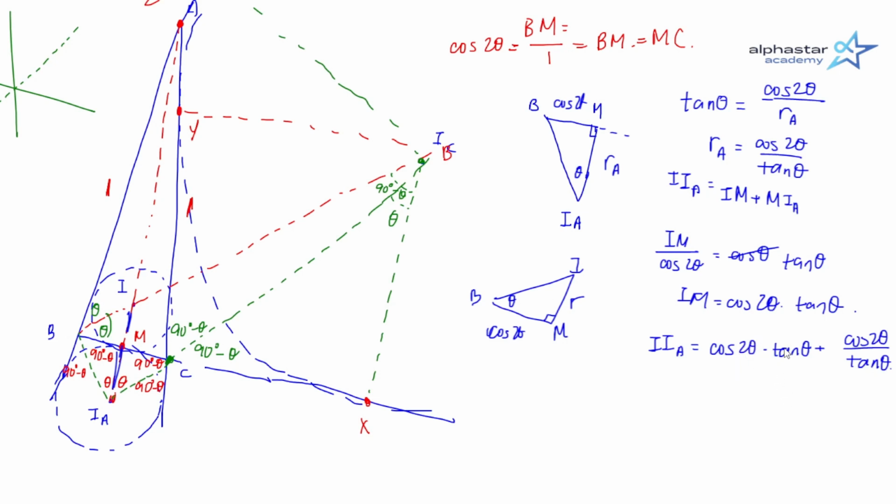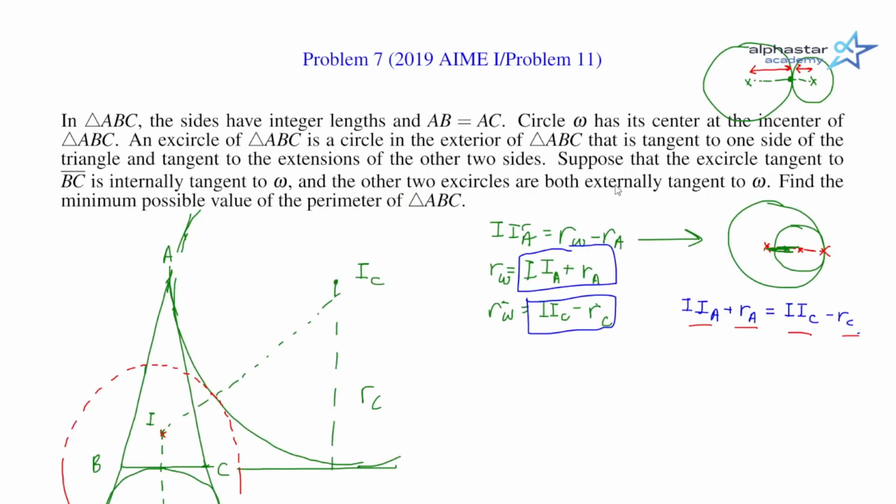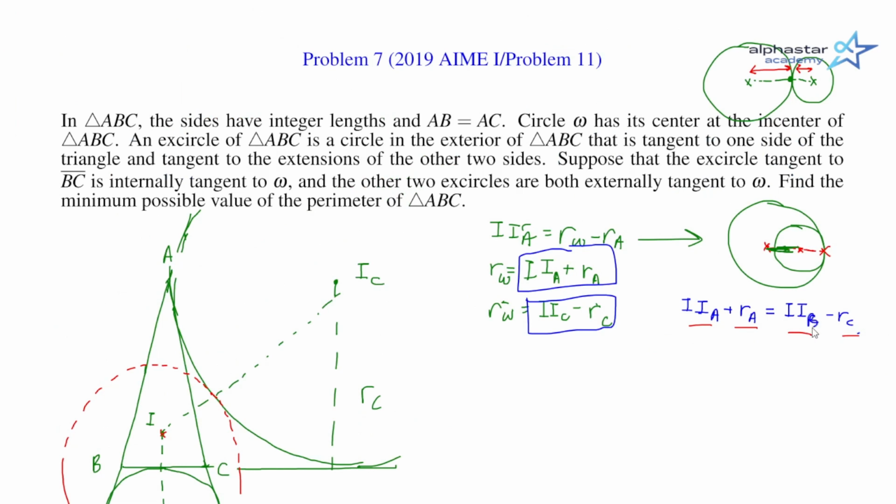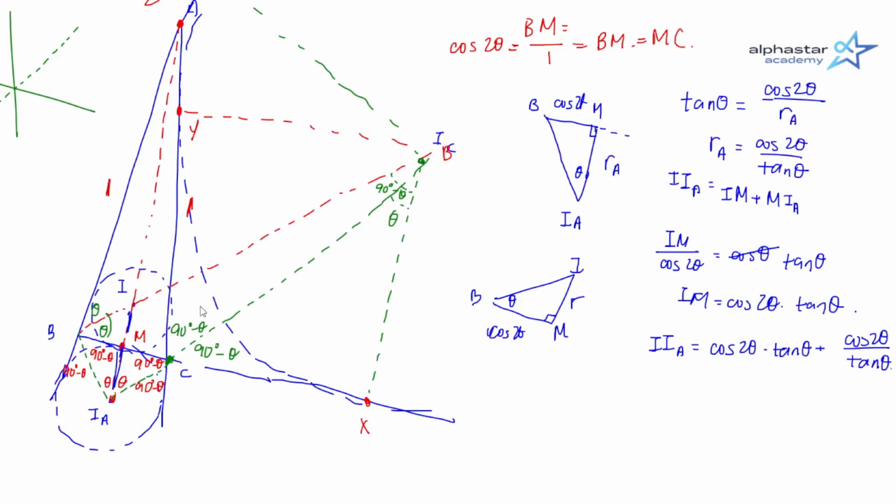Now, given that, we can move on to I I sub B and R sub B. Sorry, I should be calling it I sub B. Anyway, I I sub B is this length, which may look weird, but notice how that's just equal to BI sub B minus BI.